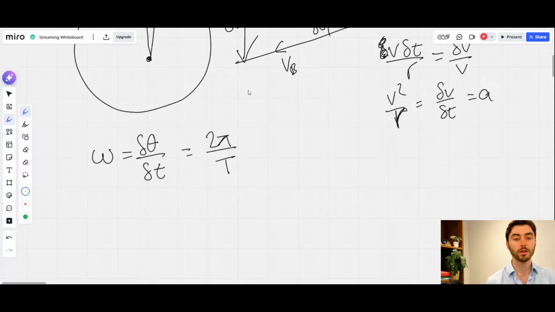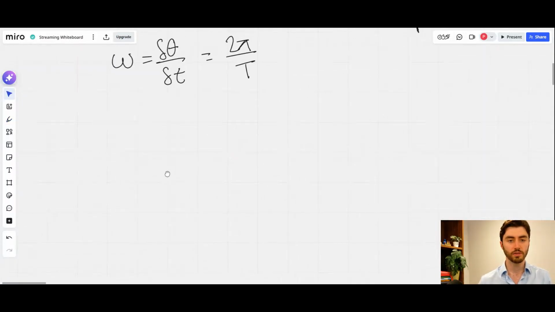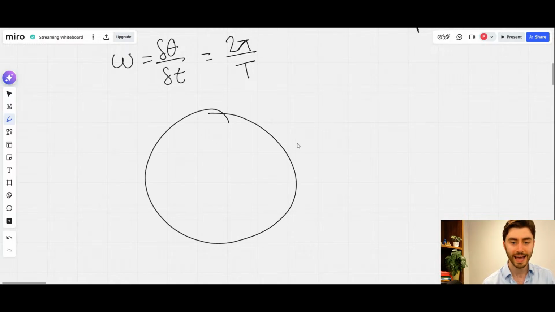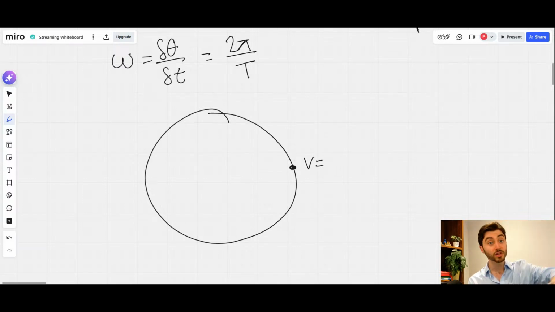Yeah. So let's consider as well the speed of things moving in a circle. So if we draw a circle at any one point here, the speed v is going to be equal to the distance traveled over the time taken. So for instance here, if we consider one complete rotation, then the distance traveled around the circle would be the circumference of the circle, which would be 2 pi r.